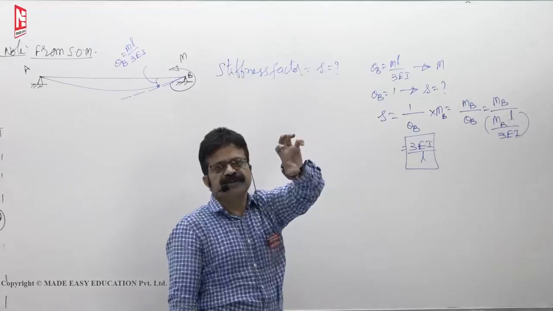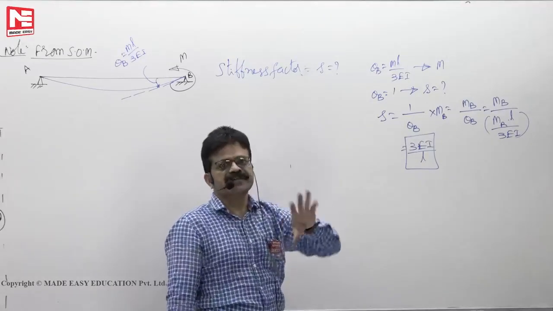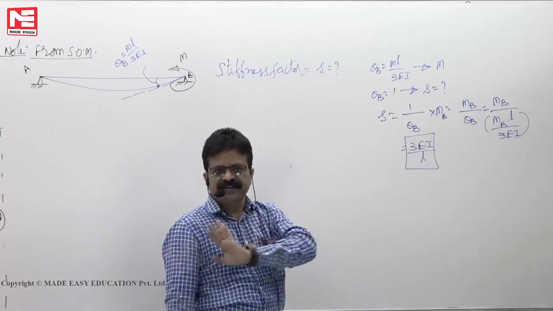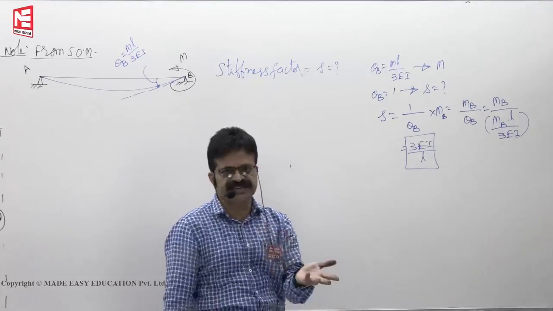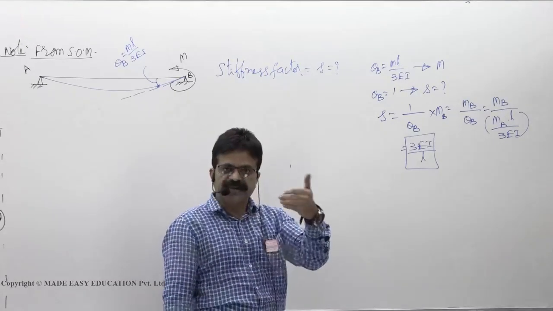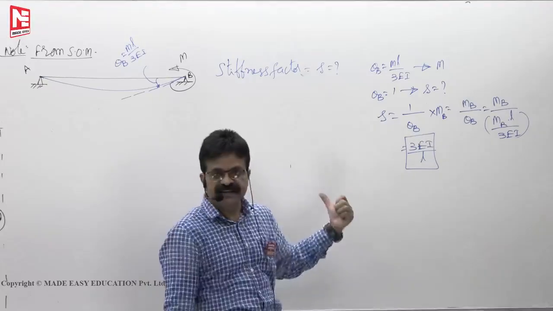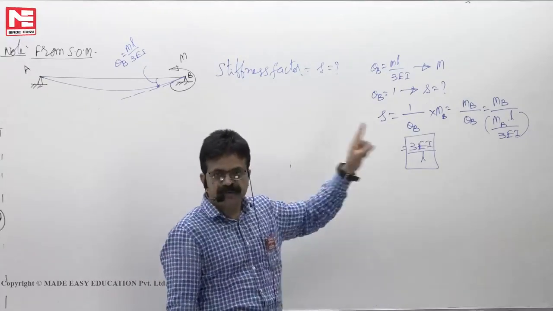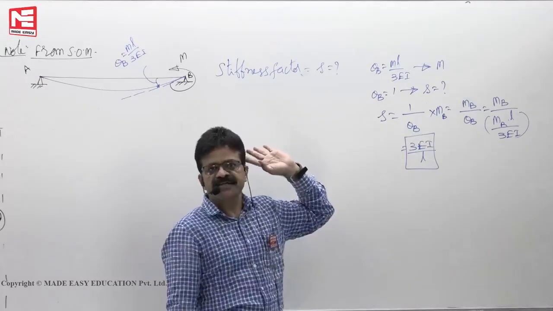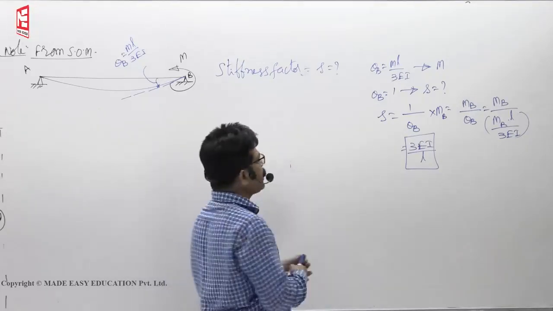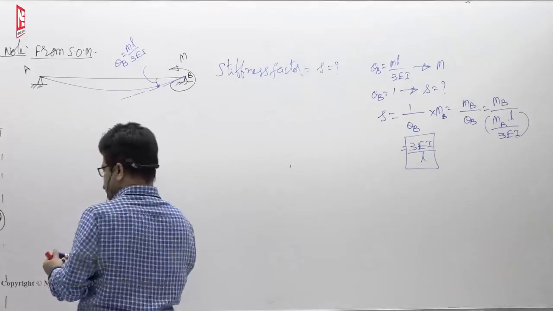How much moment you have to apply? You applied, and then what is the slope? ML by 3EI. There you stopped the work. Now the extension in structures: M by theta. If I want theta B to become 1, whatever moment you apply, that we call the stiffness factor. Okay, so that's how it comes.